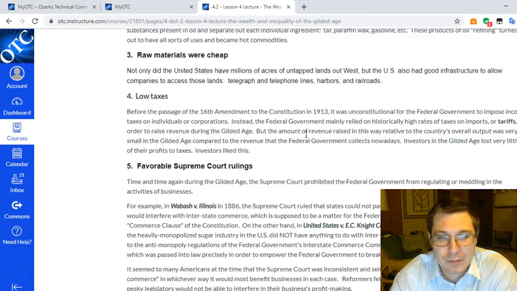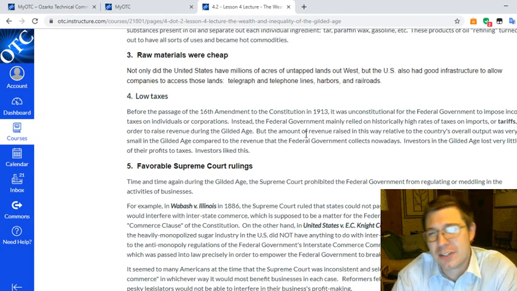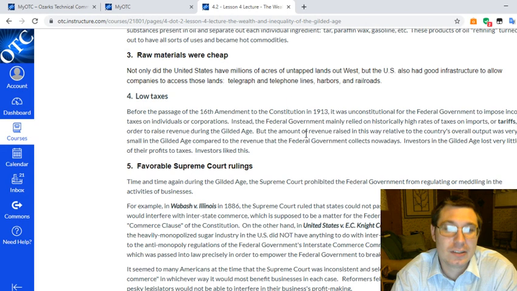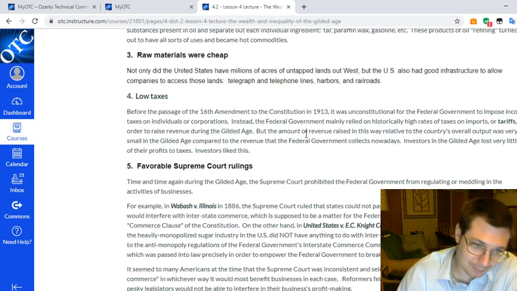But the amount of revenue raised in this way, relative to the country's overall output, was very small in the Gilded Age compared to the revenue that the federal government collects nowadays. Investors in the Gilded Age lost very little of their profits to taxes, and investors liked this.